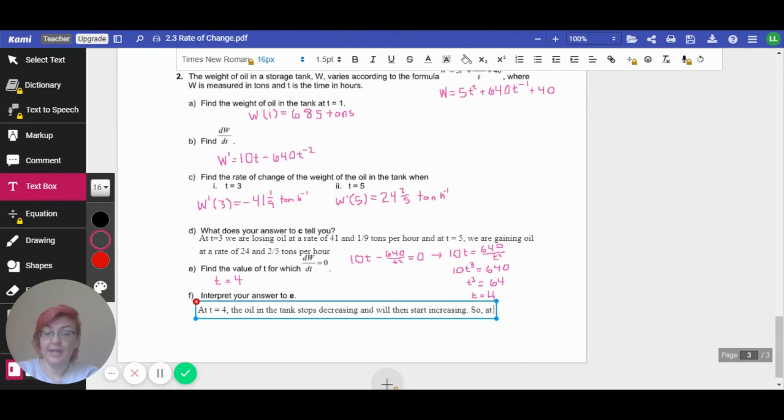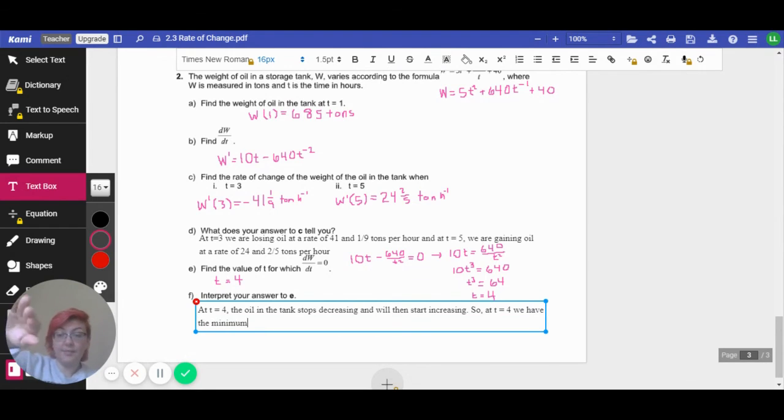So at t equals 4, we have the minimum, because it stops decreasing and then starts increasing, so we have a minimum allowable amount of oil in the tank.